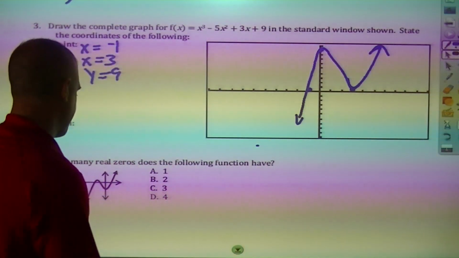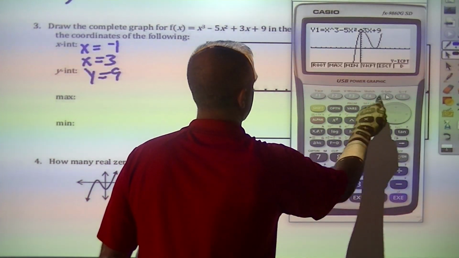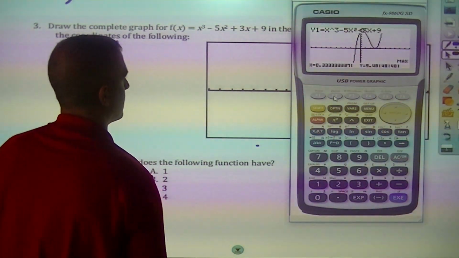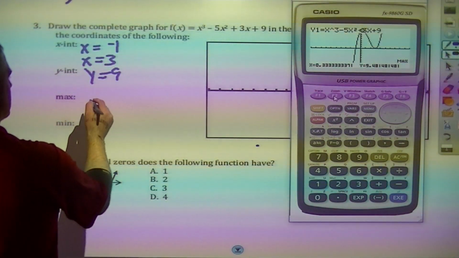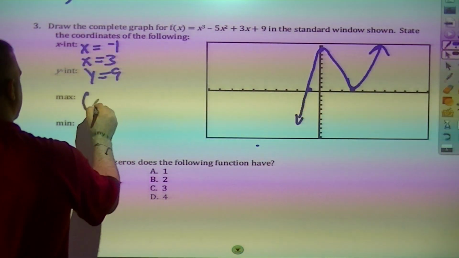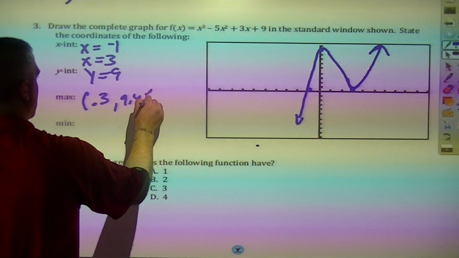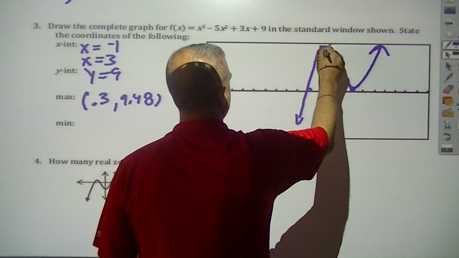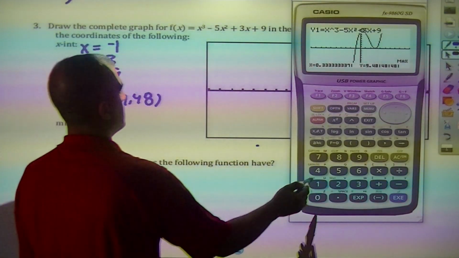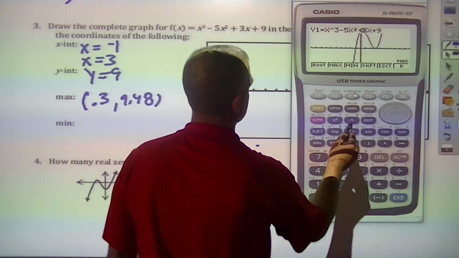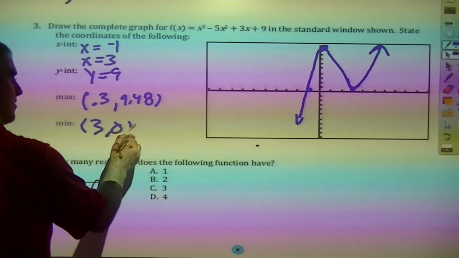To get the max, I do G-solve max, which is 9.48. Okay, so that's like right here. That's the top. Okay, and then the minimum will be 30. Okay, which will be right there.